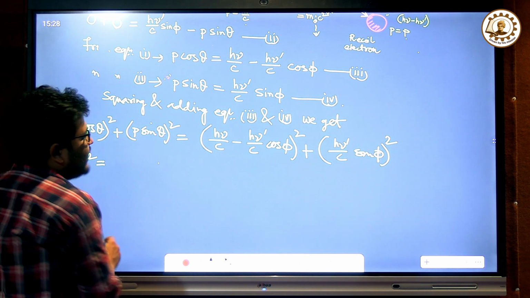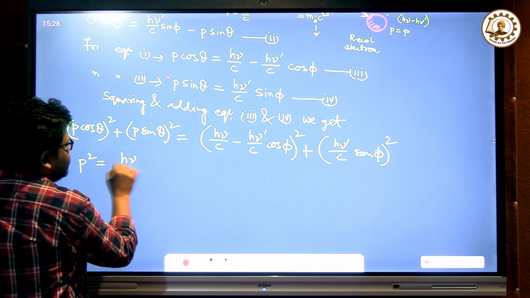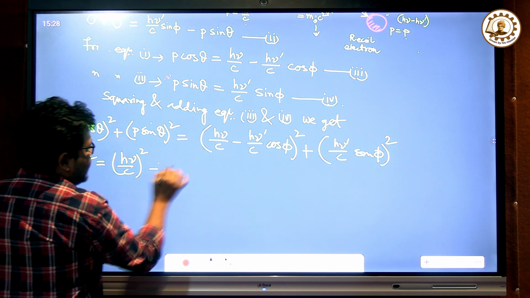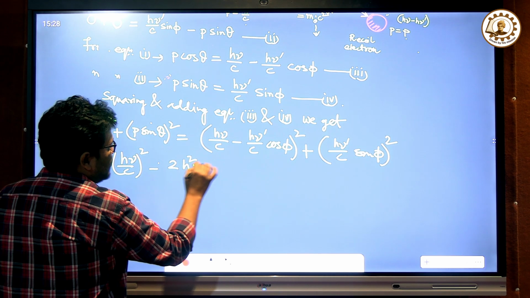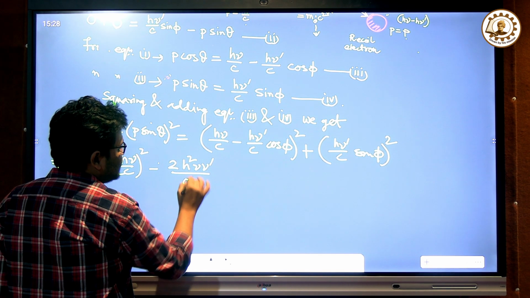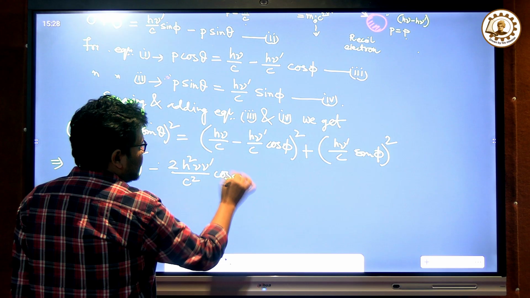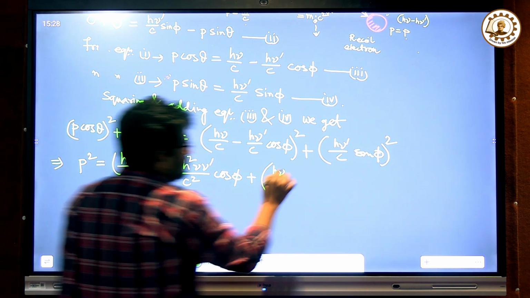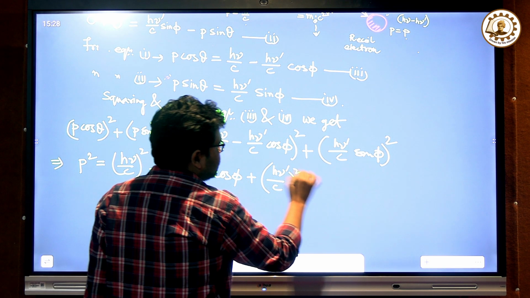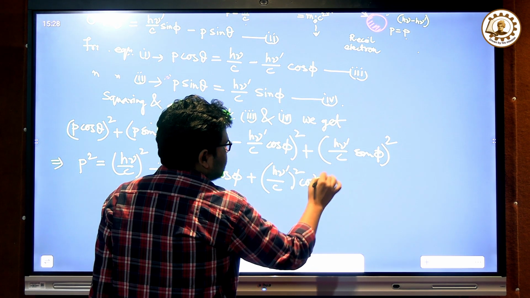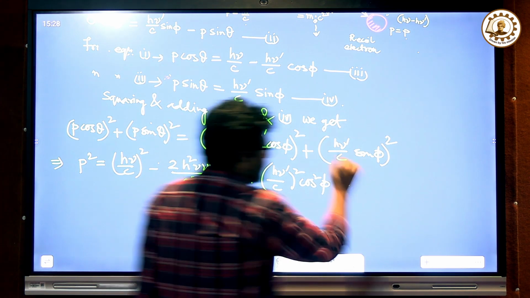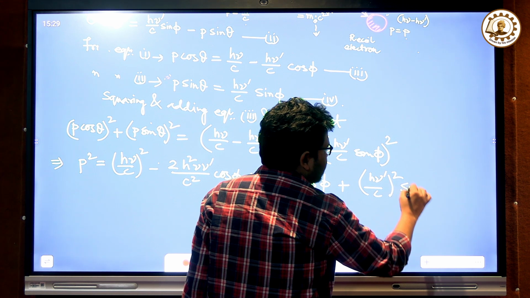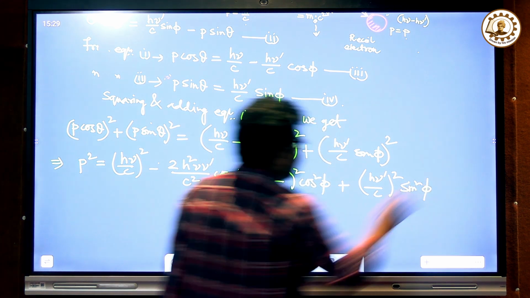And on the right hand side we have (h nu by c) whole square, minus 2h square nu nu prime by c square cos phi, plus (h nu prime by c) whole square cos square phi plus (h nu prime by c) whole square sin square phi.